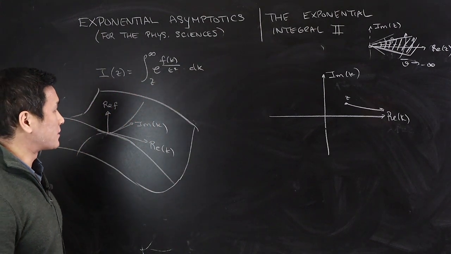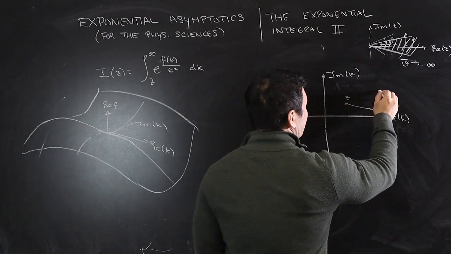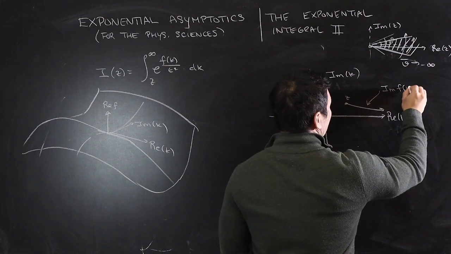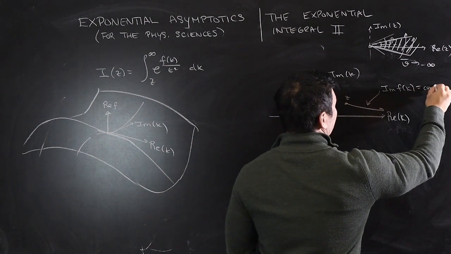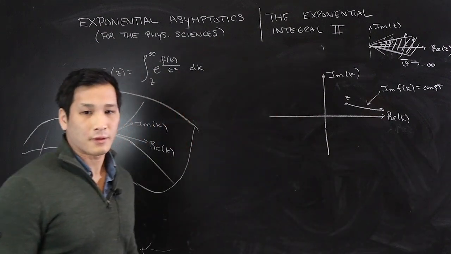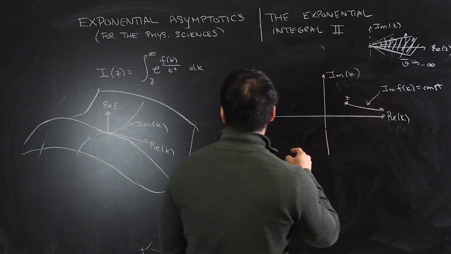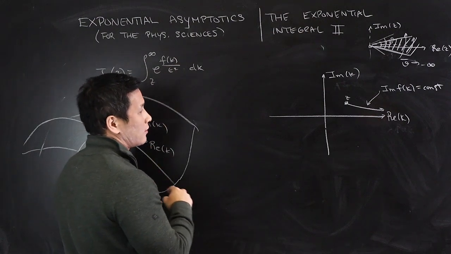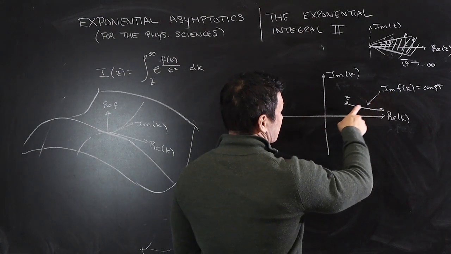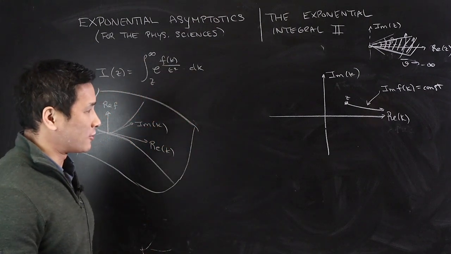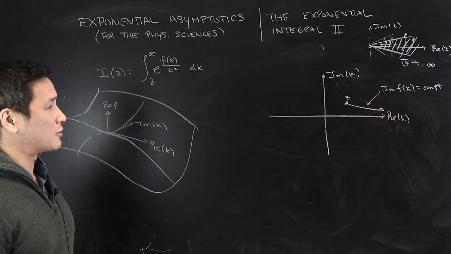And the line of steepest descent is given by where the imaginary part of f of k is constant. You can check that by just putting this into Mathematica or another plotter. You can plot the constant contour, and there's indeed a constant contour that goes from z all the way to infinity.